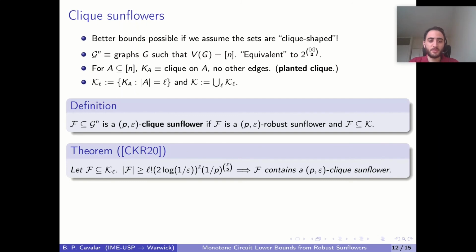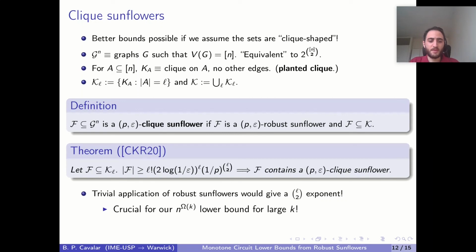And the theorem that we showed is that if the family is made of planted cliques where the cliques have L vertices, and the family is this large, then it contains a p-epsilon clique sunflower. What I have to note here is that if we apply the robust sunflower lemma in a black box way, we would get an L choose 2 exponent in these places where we have L, and this is worse than what we were able to prove.